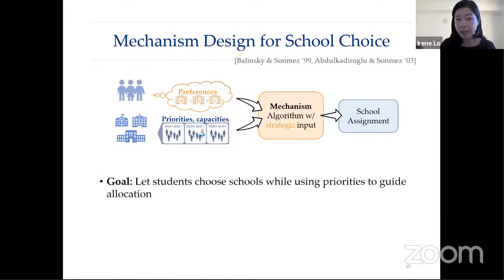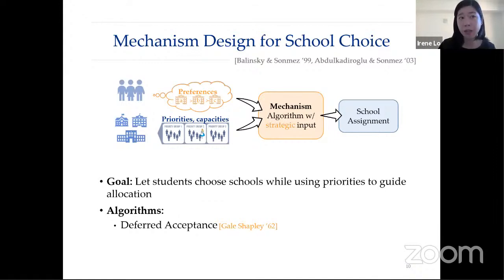And the goal of mechanism design is to design this algorithm, taking into account that families will be strategic, but still letting them choose schools. In addition, we're also going to use the priorities to guide the allocation. So I'm not going to go into too much detail about mechanisms, but I just want to tell you about two of them.